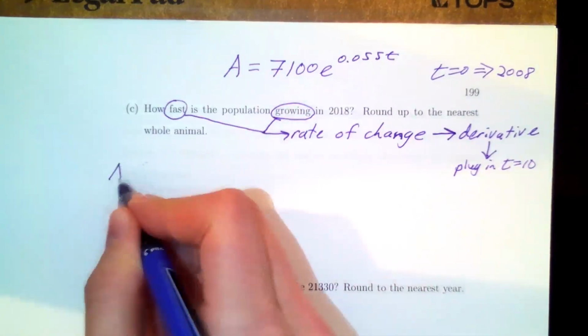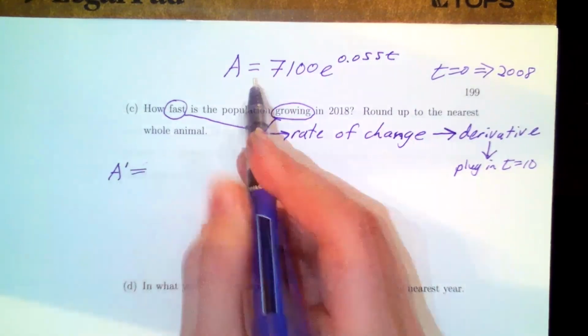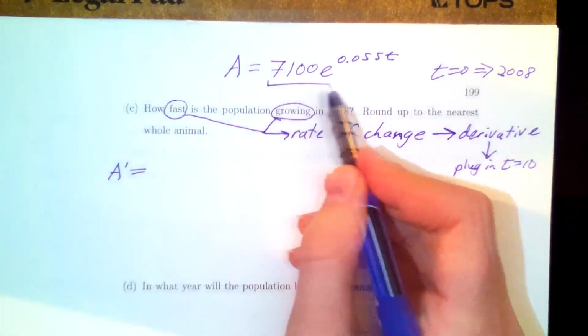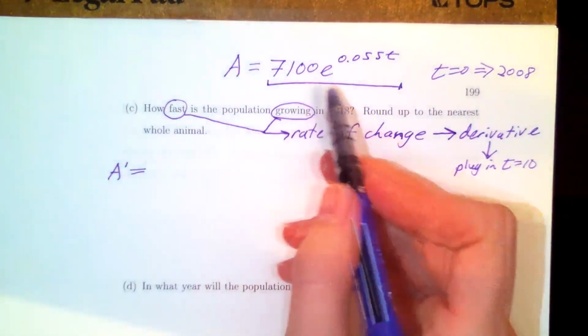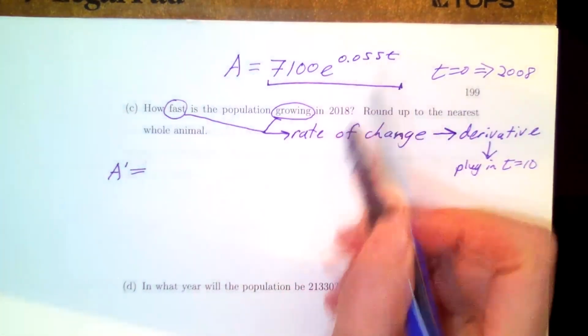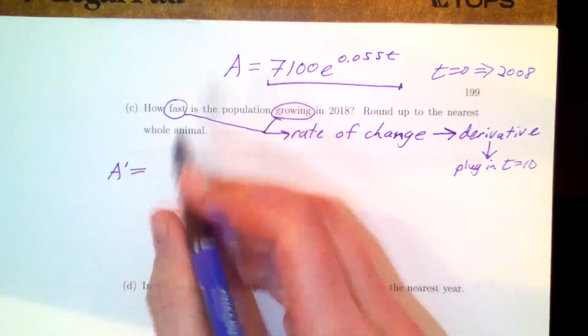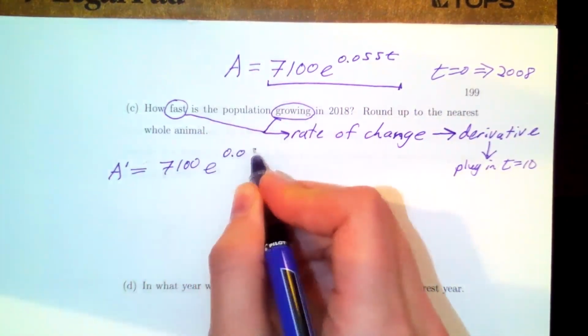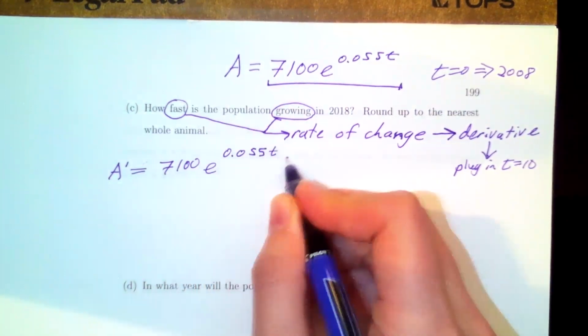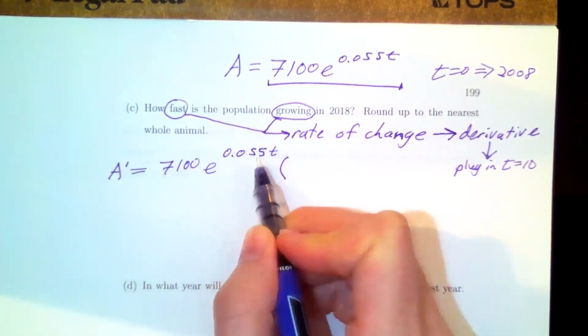So let's go ahead and get started. I want to find A prime. Now, from earlier sections, we know how to take the derivative of e. The derivative of e is itself times the derivative of its power. So the 7,100 stays there. The derivative of e is copy-paste, the same thing, but then you have to multiply by the derivative of the exponent.